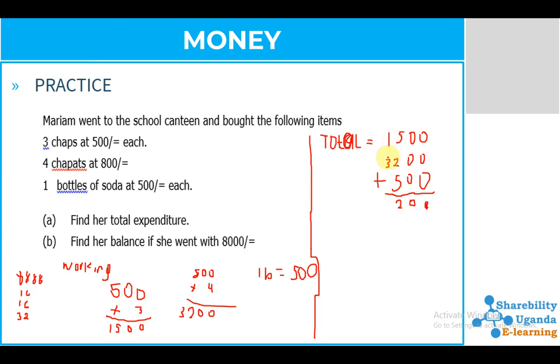Then we say 1 plus 3, which is 4, then plus 1, which is 5. So we are having 5,200 as our total expenditure.